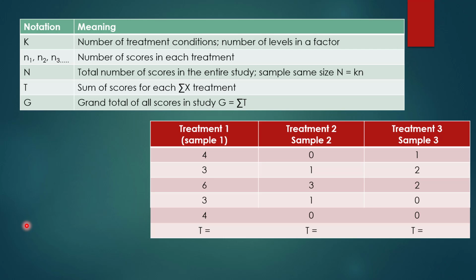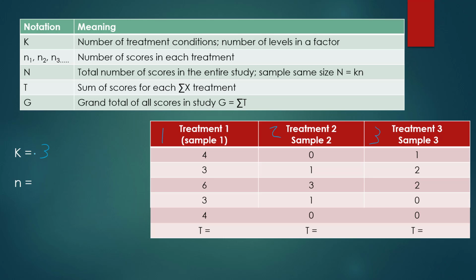All right, so if we're looking here at the sample table, let's see if we can figure out what our values are. What is K? K is the number of treatment conditions or the number of levels in a factor. So we have 1, 2, 3 treatment conditions. So K equals 3.